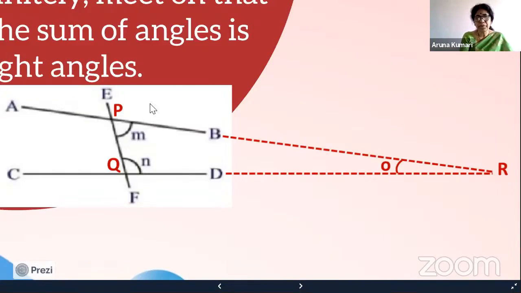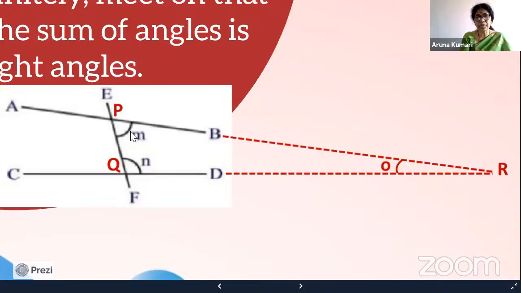So what is the fifth postulate saying? Two lines are there, one line is falling on them, then on one side, if the two interior angles are less than 180, that means you can say we can take this side also.